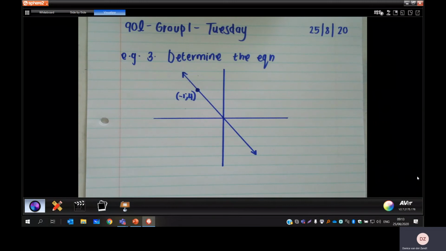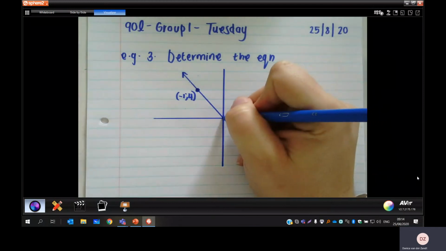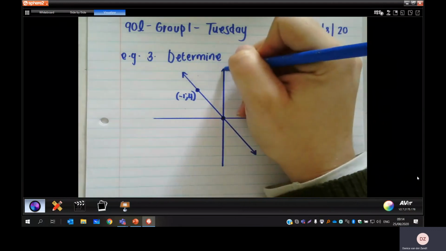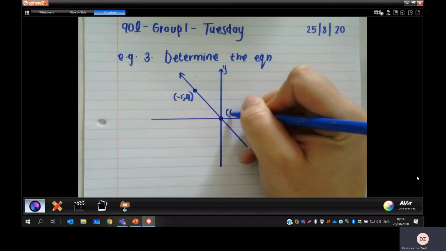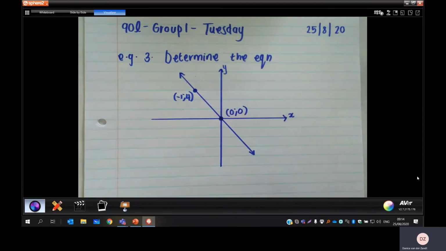Can we see where the graph cuts the y-axis? So yes, we can see it, and actually we know what that value is. It is cutting at my origin, therefore it is cutting at 0. So it's cutting for 0 for x and 0 for y.